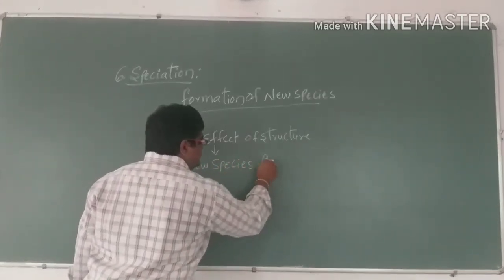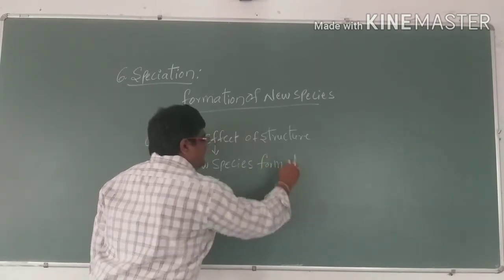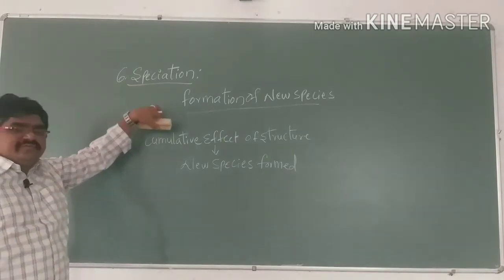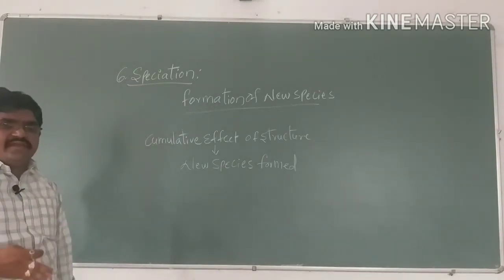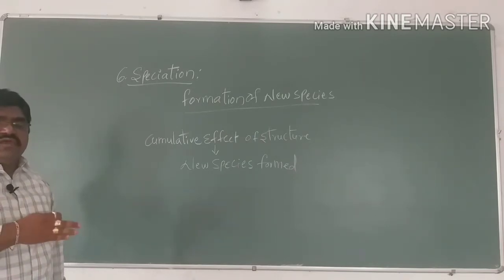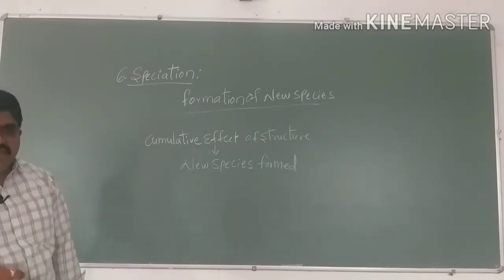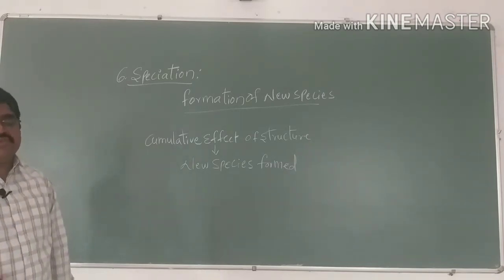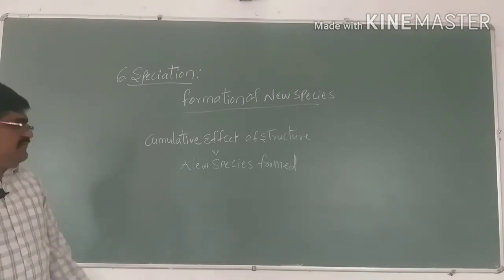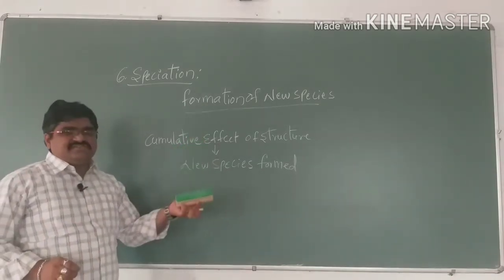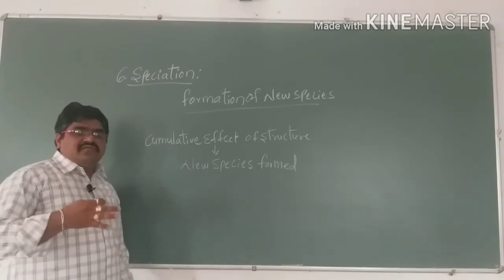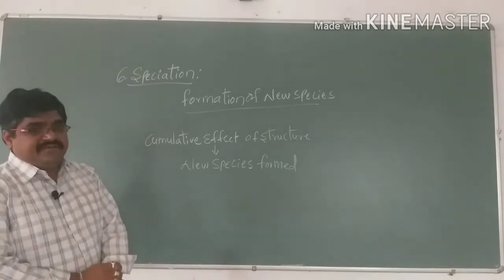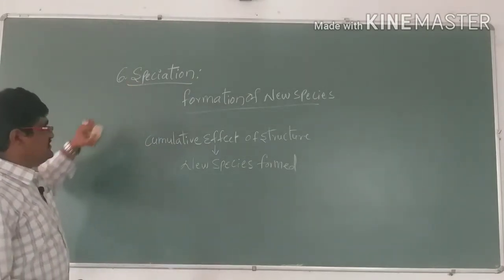That is mainly due to speciation. What is speciation? The formation of new species. In natural selection, the better adaptive variations, the useful variations, gradually increase in number from generation to generation. So there is a cumulative effect of structures, which helps in the formation of new species. That is due to speciation.